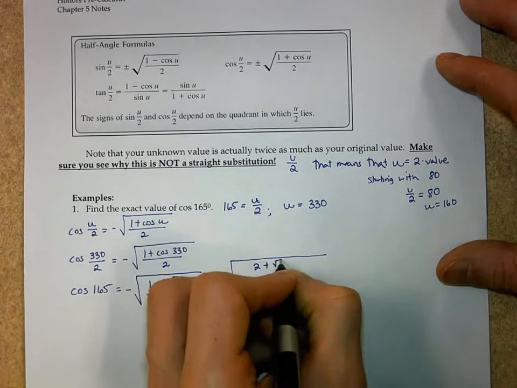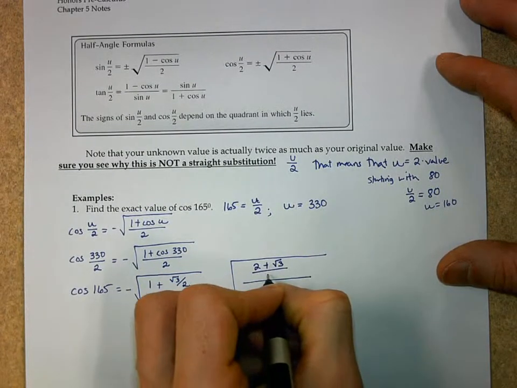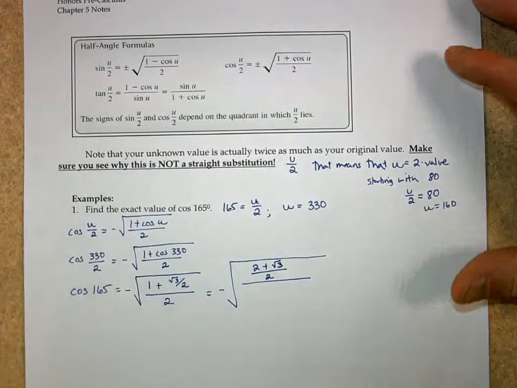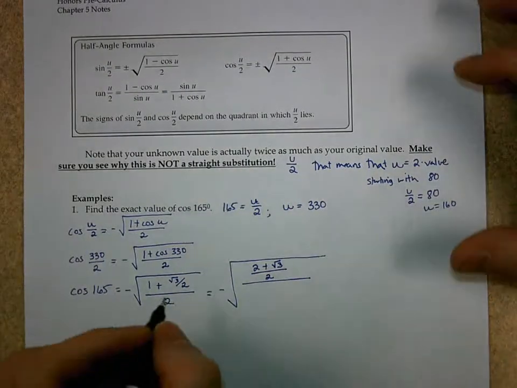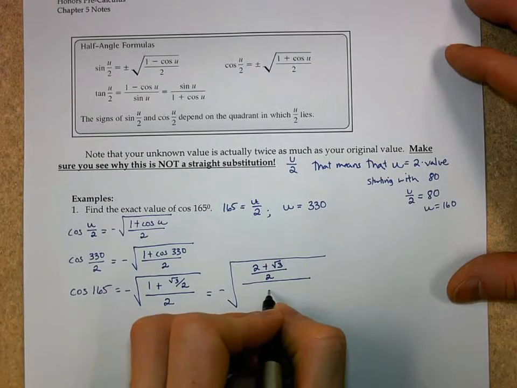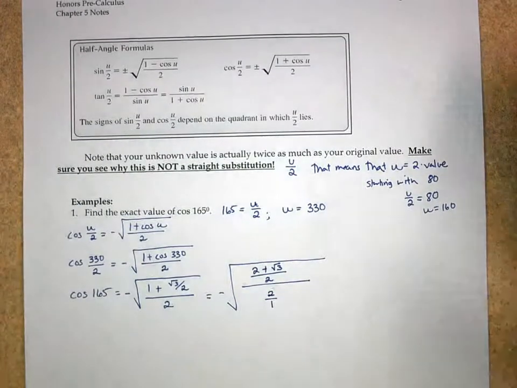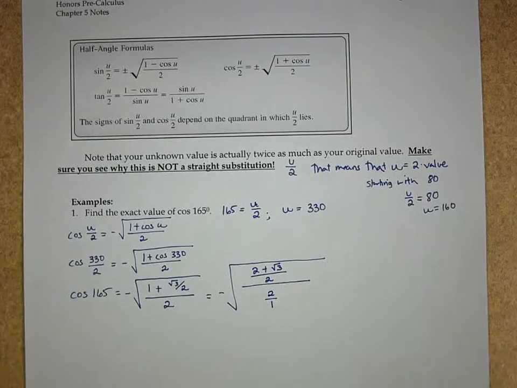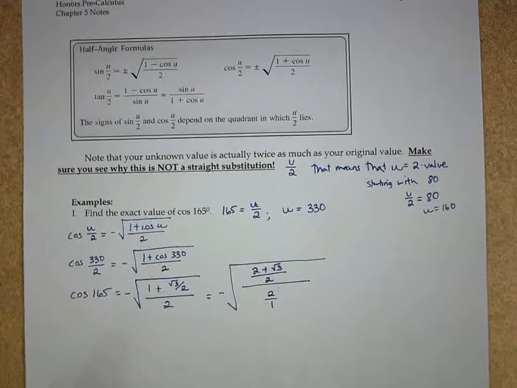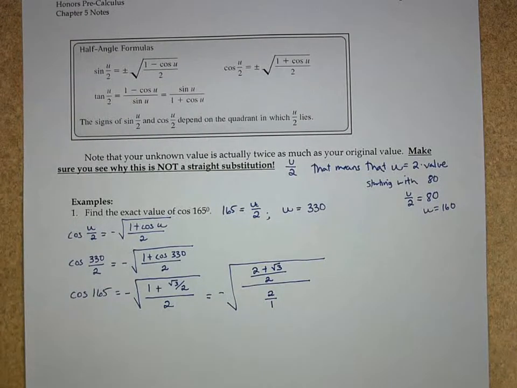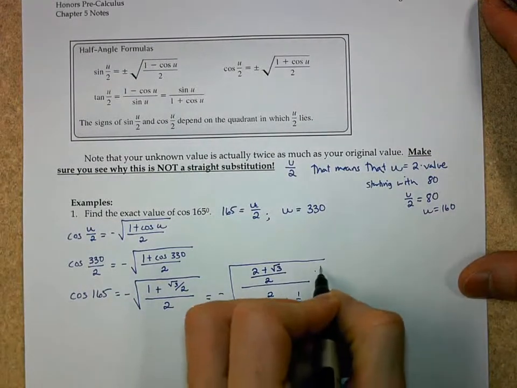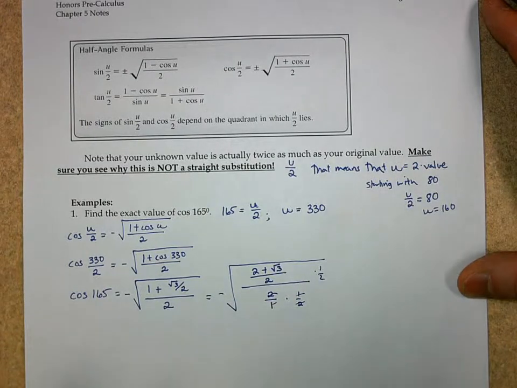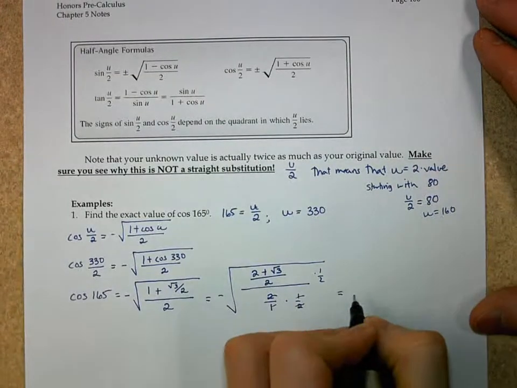So 2 plus square root of 3 over 2 is my combined fraction in the numerator. And then in my denominator, this is the same thing as 2 over 1. Now I can't do direct canceling there because I don't have a 2 in the denominator down here. So I've got to multiply by 1/2. So then all that cancels out.